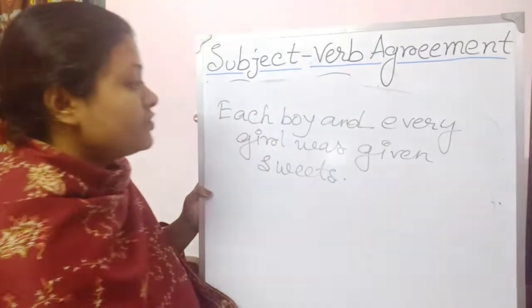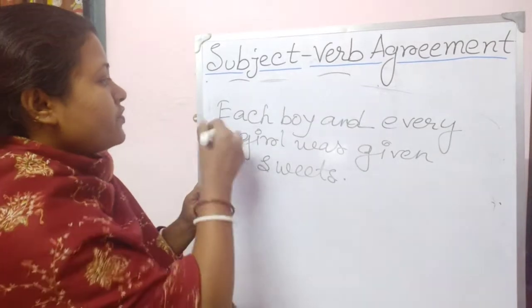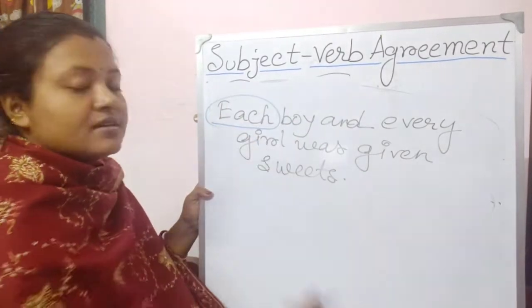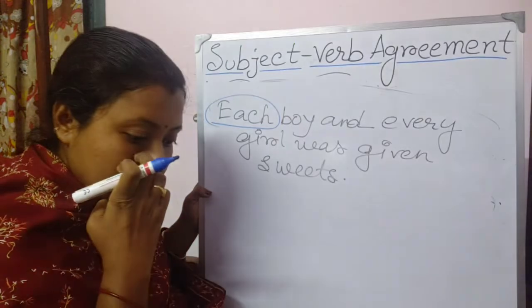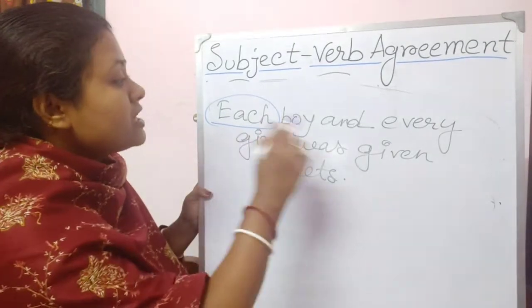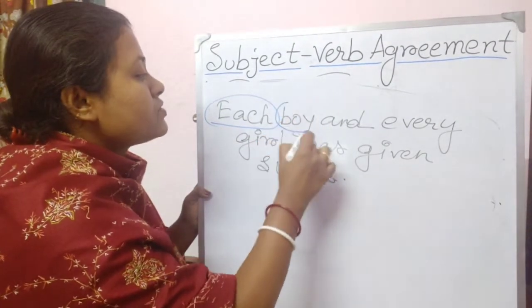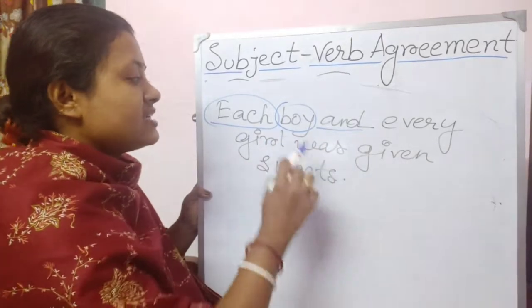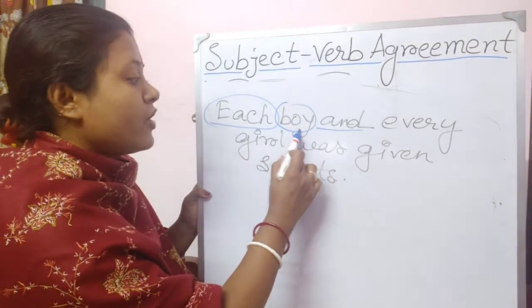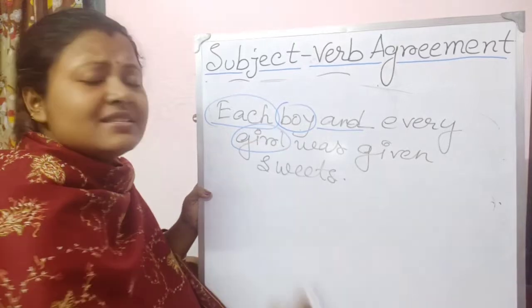So what is the rule over here? If the word each is written, two singular nouns are joined by and. First singular noun is boy, the second singular noun is girl.